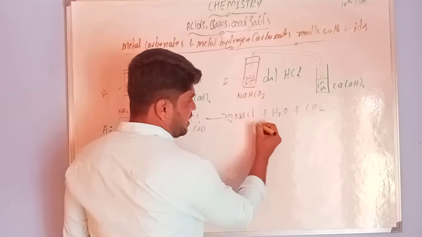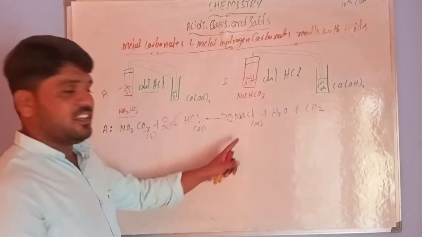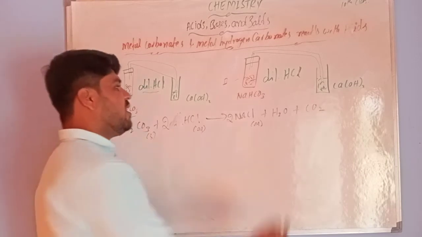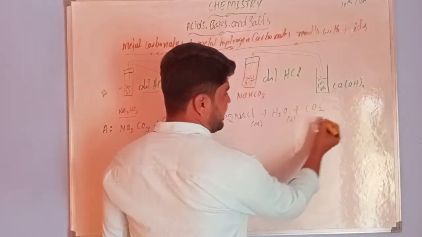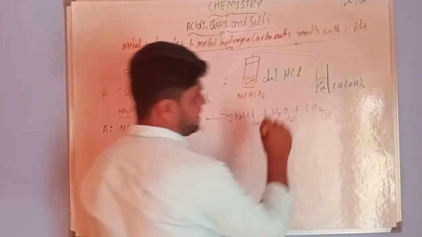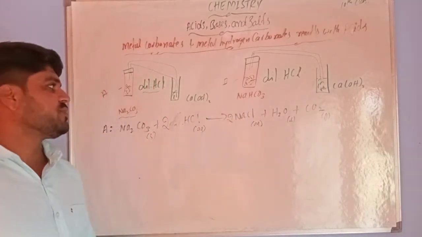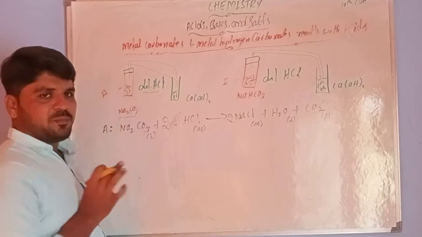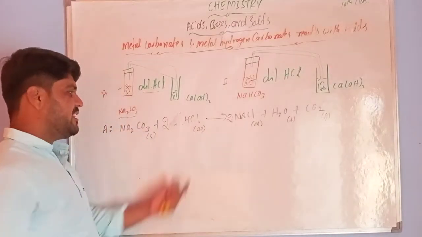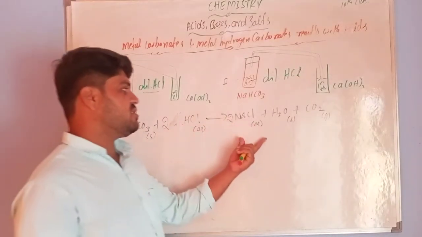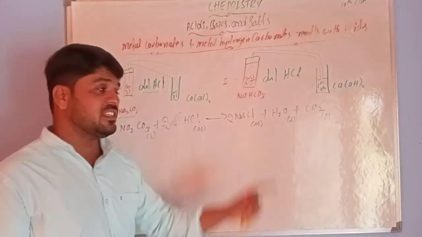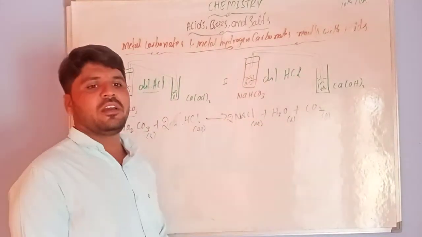NaCl is also in aqueous state, but NaCl is a salt. Water is in liquid state, and carbon dioxide is generally in gaseous state. This is the reaction belonging to test tube A. Metal carbonates react with acid, which produces salt, water and carbon dioxide. Please remember this point.